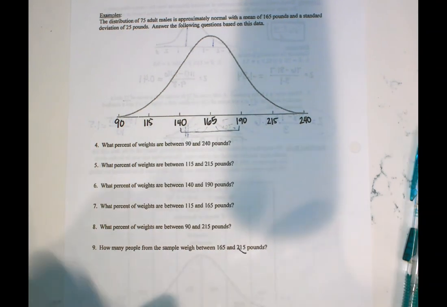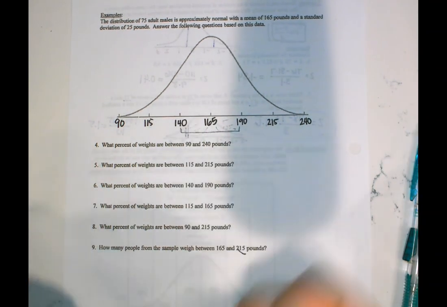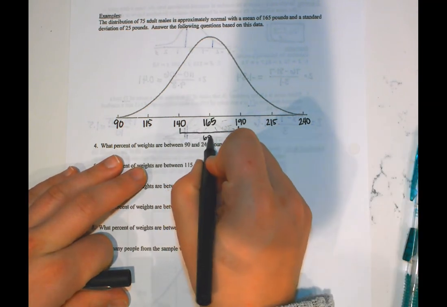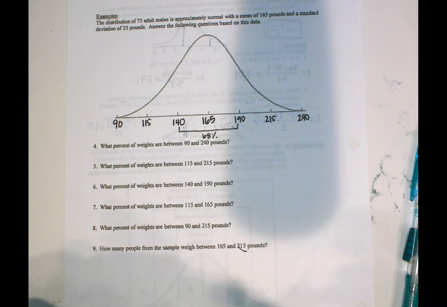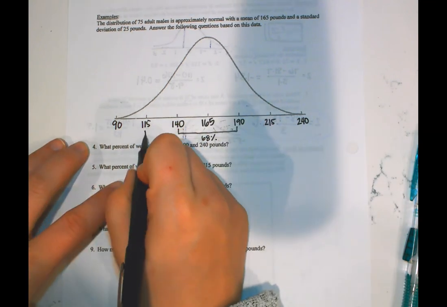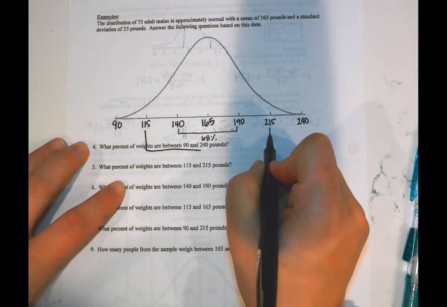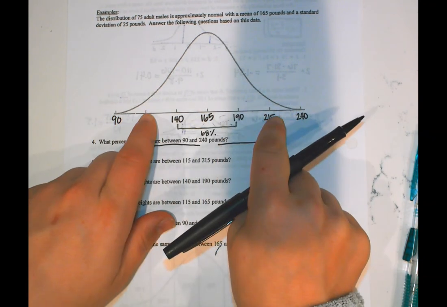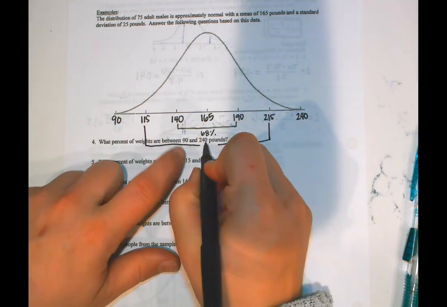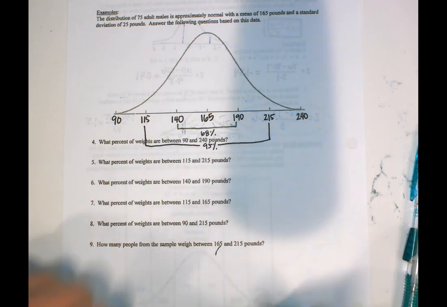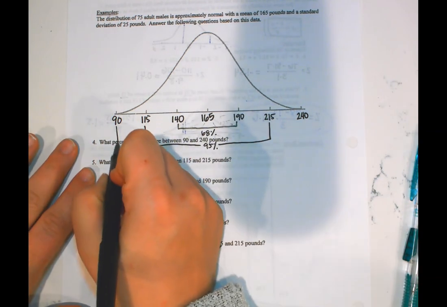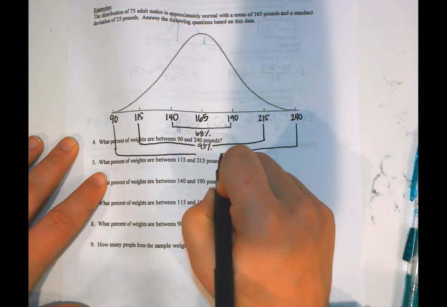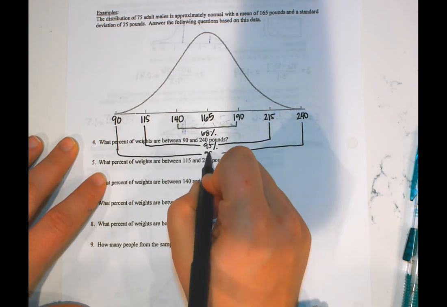I went 1 this way and 1 this way. So by our empirical rule, 1 standard deviation is 68%. Then these two are 2 standard deviations away, so by my empirical rule, this is 95%. And then these two are 3 standard deviations away, so by my empirical rule, I'm at 99.7%.